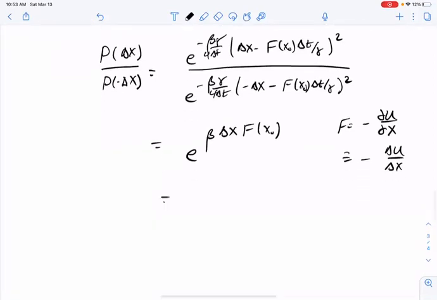So what we've just found is that the ratio of going forward a small step to going backwards a small step is e to the minus beta delta u. Namely, the probability of making a transition or its reverse is given by a ratio of Boltzmann factors.